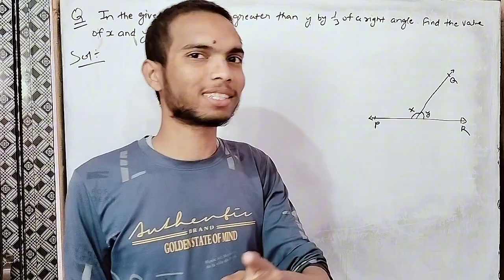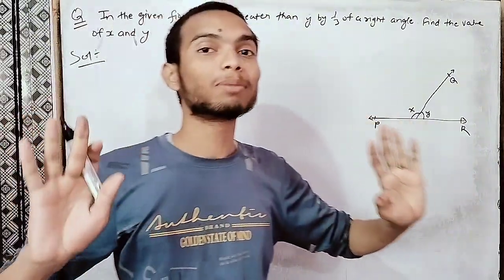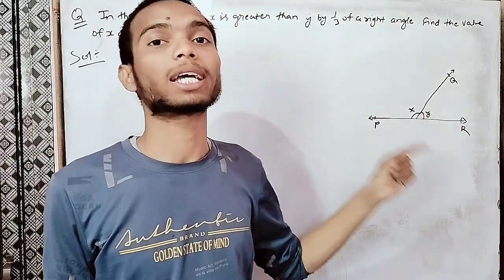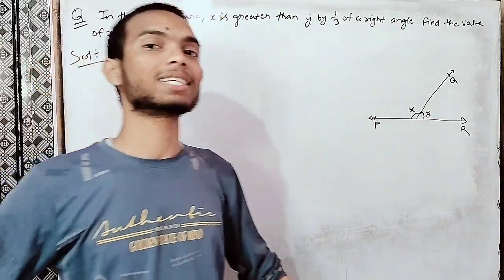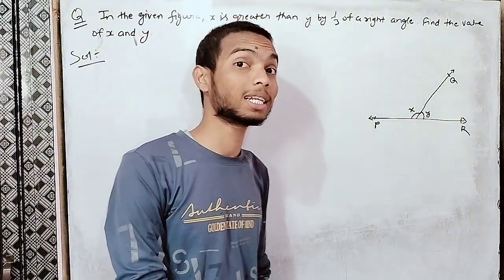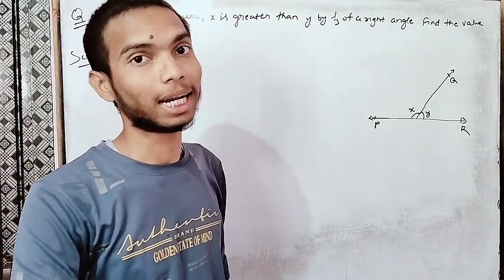Can you say y is acute or not? Yes, of course, because the diagram gives us clarity that y is acute and x is obtuse, because the value of x is greater than y, and the value of y is less than 90.